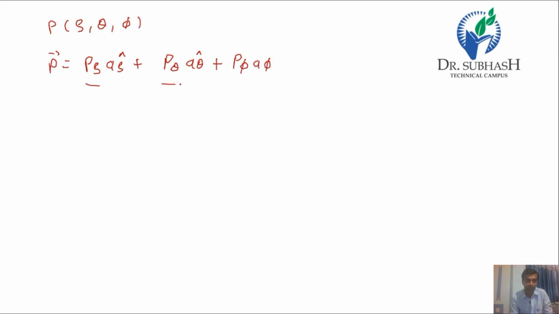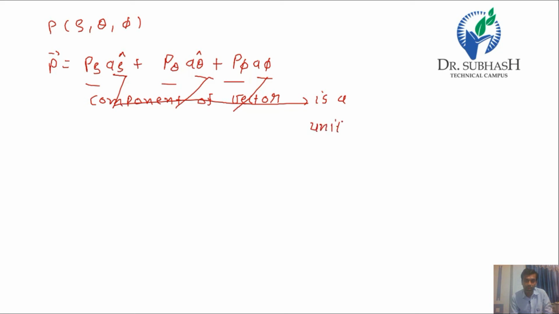Here P rho, P theta and P phi are the components of the vector, and a rho, a theta and a phi are the unit vectors in rho, theta and phi direction.